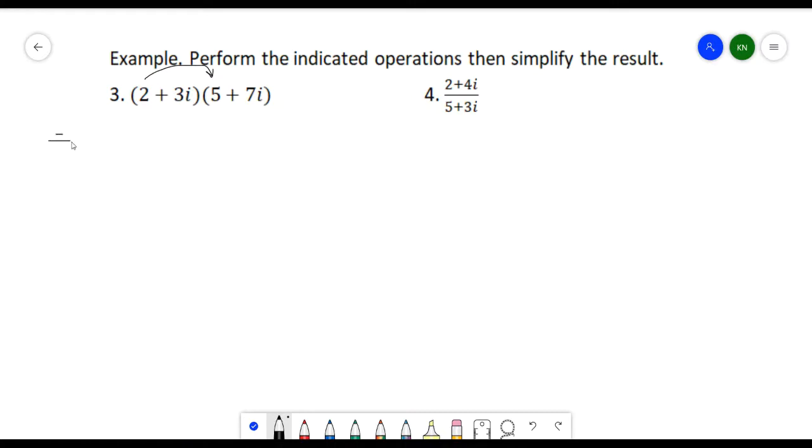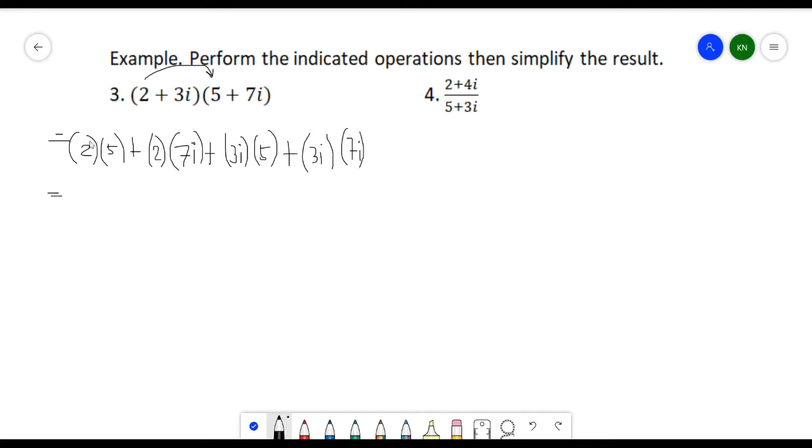So we have 2 times 5 plus 2 times 7i plus 3i times 5 plus 3i times 7i.